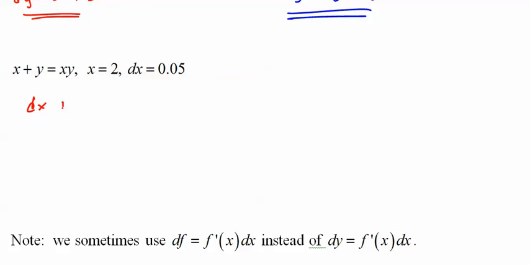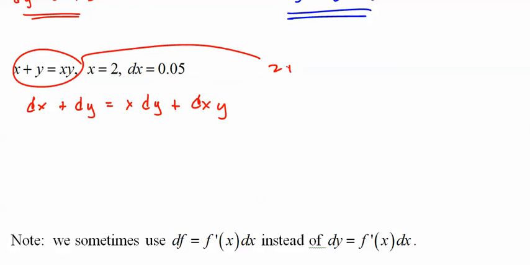dx plus dy equals, leave it, dy plus dx, leave it. Problem, I don't know what y is. Gotta go back here, plug it in. 2 plus y equals 2y. And 2 equals y. Good. So now we come back and start plugging things in.